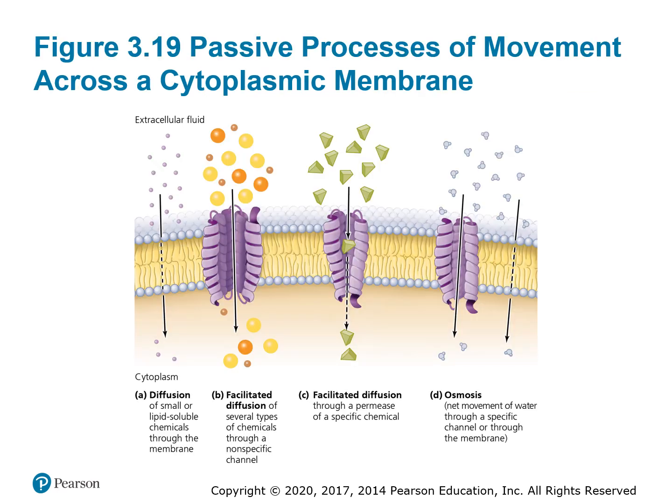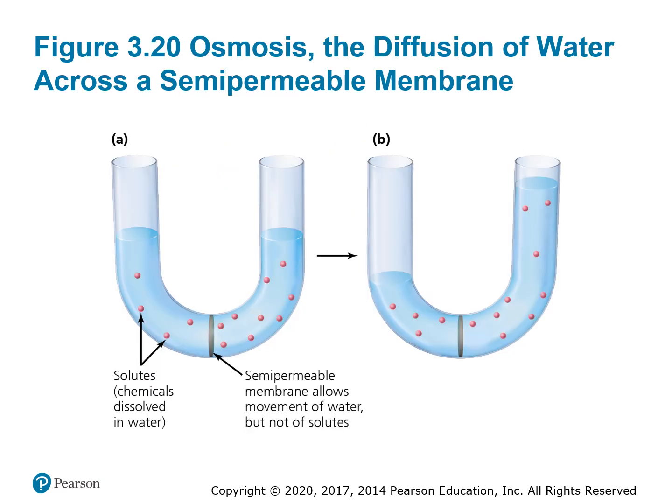So here you can kind of see how all those fit inside the big picture. You could have some moving quite freely. Others require channels and things like that. So here we just have a simple demonstration of the osmotic pressure differences that can occur.